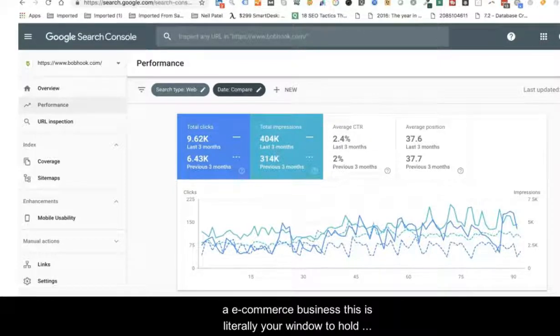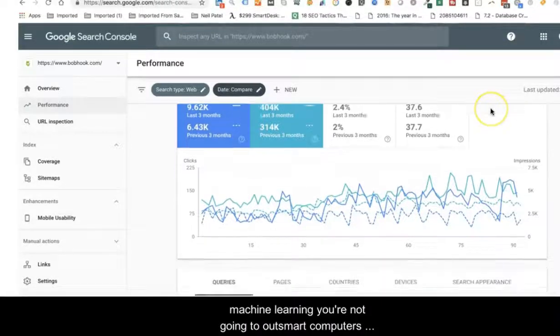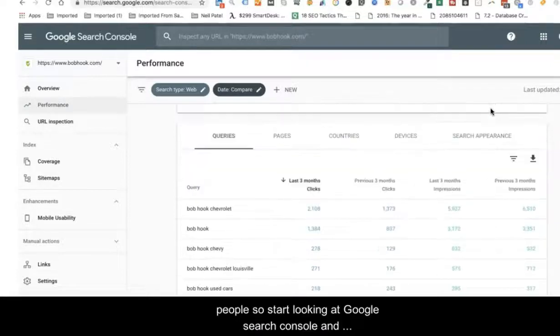This is literally your window to hold your SEO company, your web guy, whoever it is, accountable for month over month growth in organic presence. Don't look at keywords anymore. Stop it. Just stop. There's machine learning. You're not going to outsmart computers, people. So start looking at Google Search Console and asking the questions in your business.